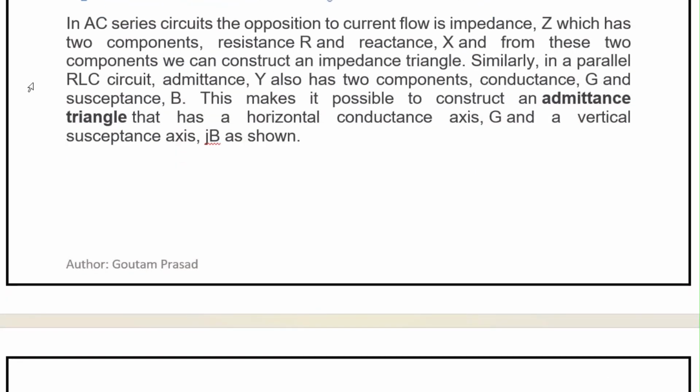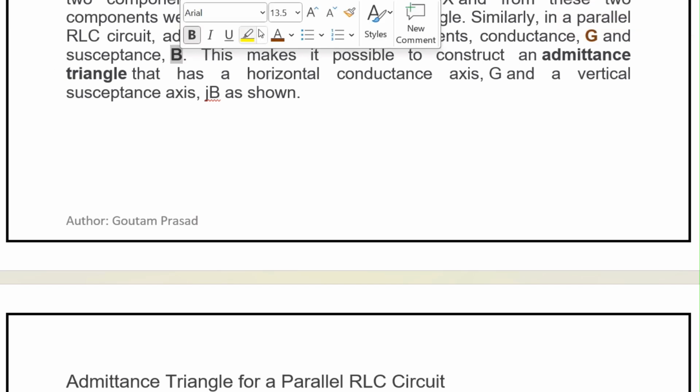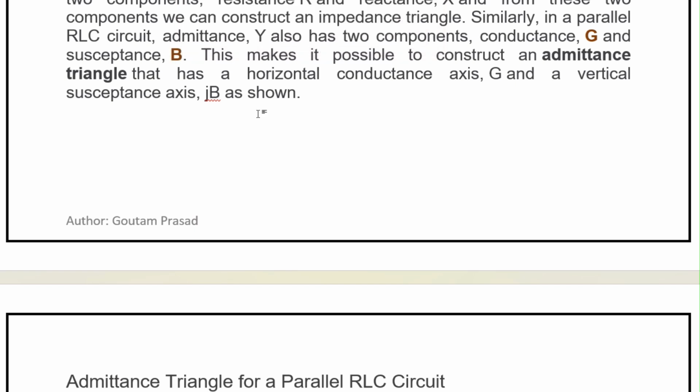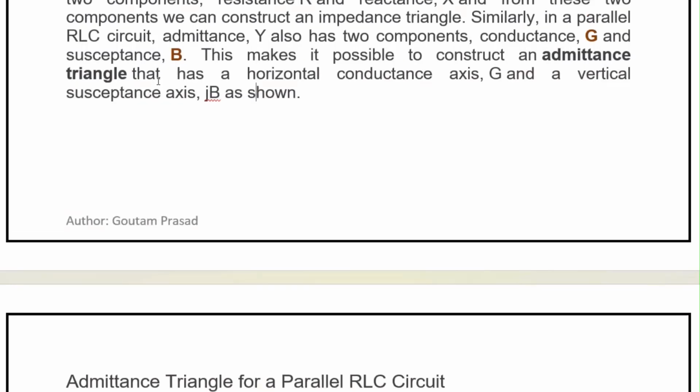Similarly, in a parallel RLC circuit, admittance Y has two components: one is conductance represented by G, and the other is susceptance represented by B. This makes the admittance triangle, like we had the impedance triangle.